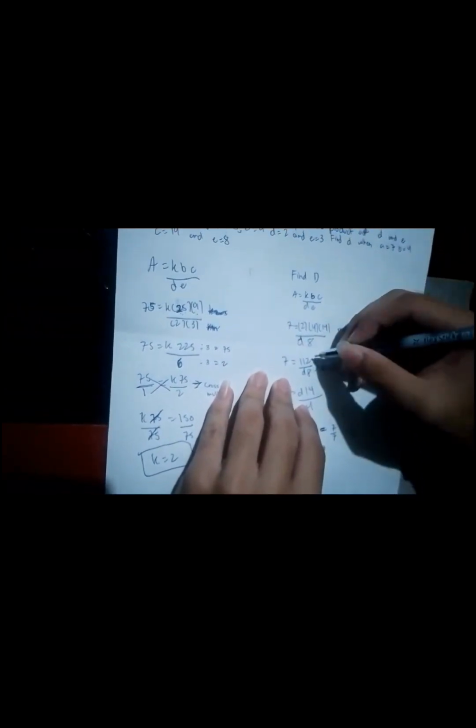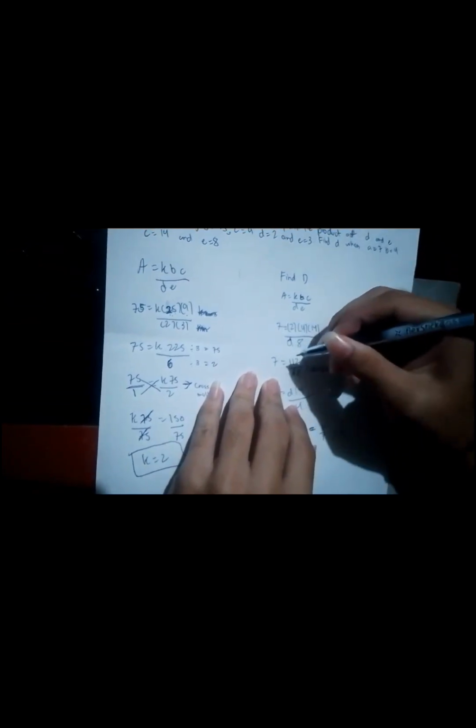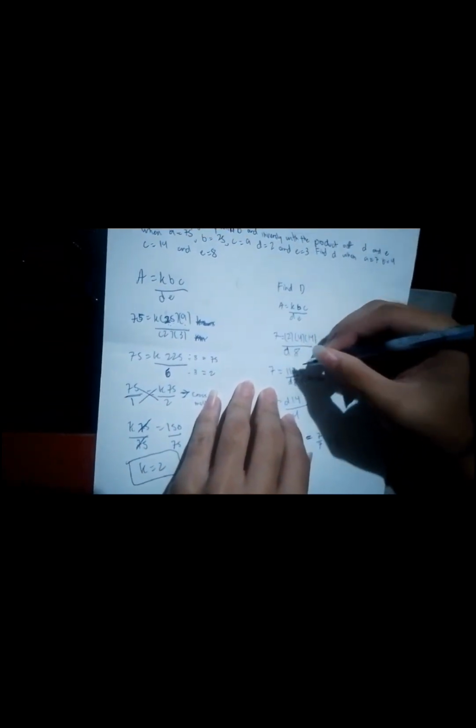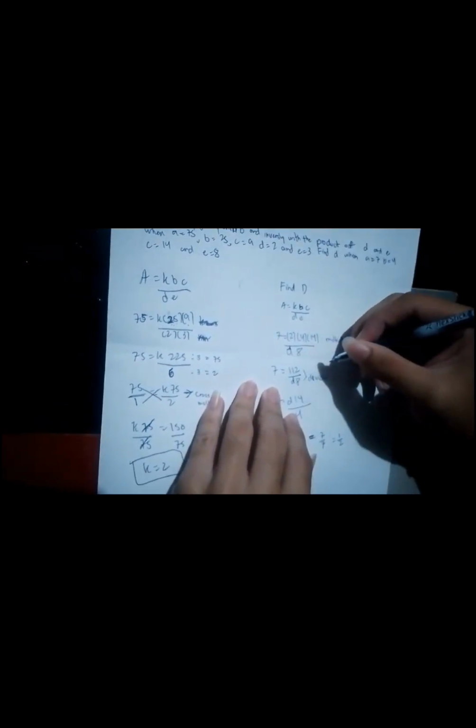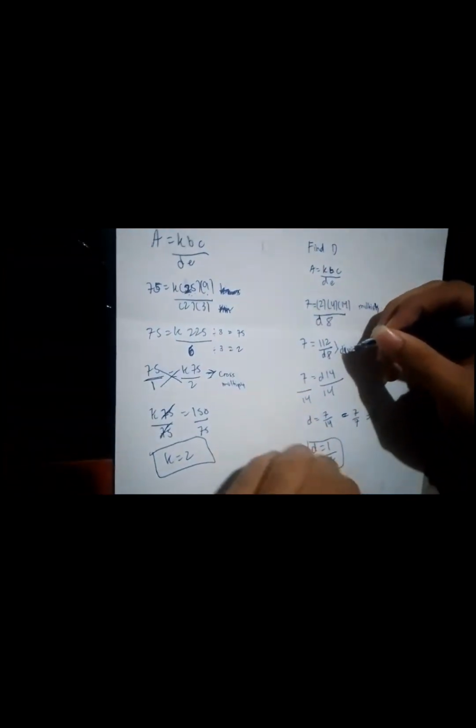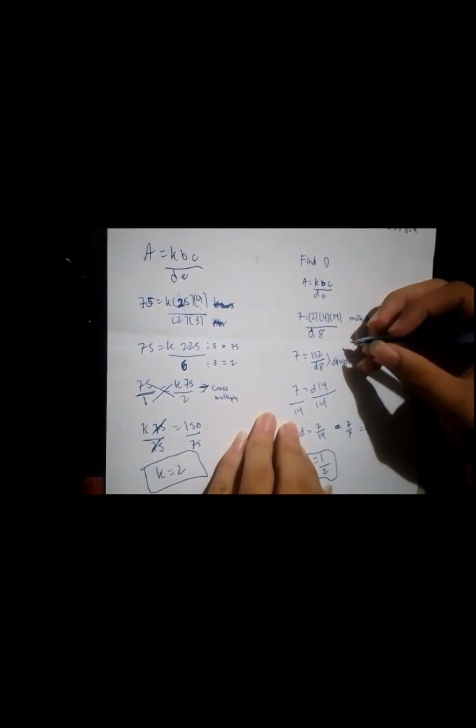So we multiply these three. So the answer is 112. So 7 equals 112 over DE. So we divide 112 by 8.